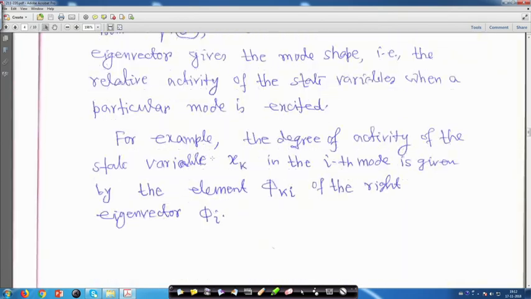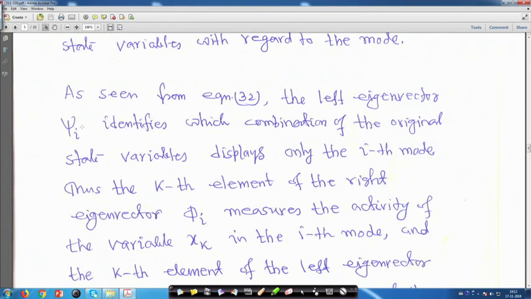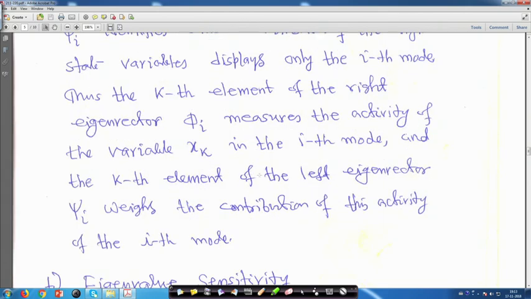So, from equation 32, the left eigenvector psi_i identifies which combination of the original state variables displays only the ith mode. Thus, the kth element of the right eigenvector phi_i measures the activity of the variable x_k in the ith mode, and the kth element of the left eigenvector psi_i weighs the contribution of this activity to the ith mode.